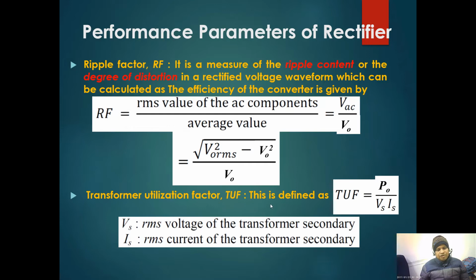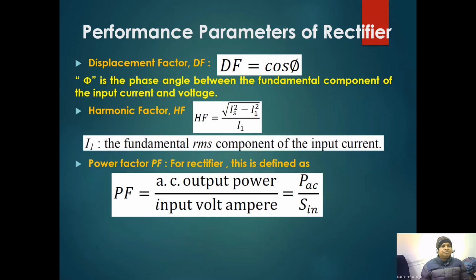And transformer utilization factor is defined as the output DC power divided by the input volt ampere, where Vs is the secondary voltage of the transformer, Vs into Is.